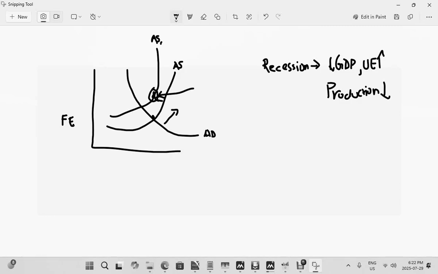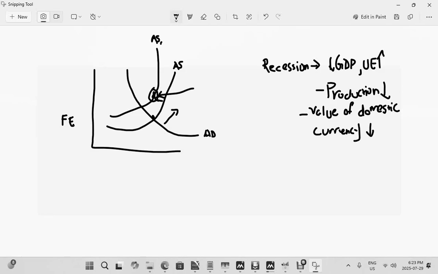As production goes down, the value of domestic currency falls, leading to a recession. This value of domestic currency falls, leading to a recession.